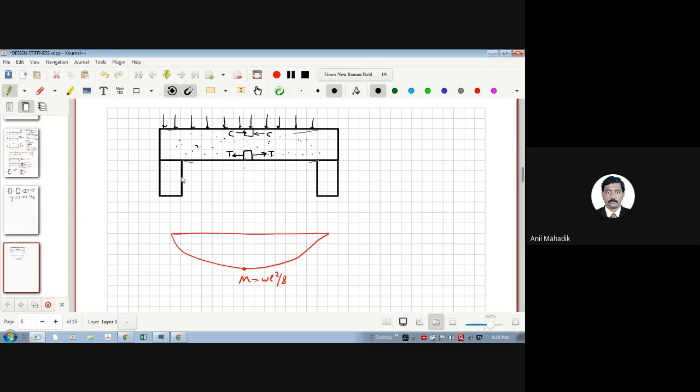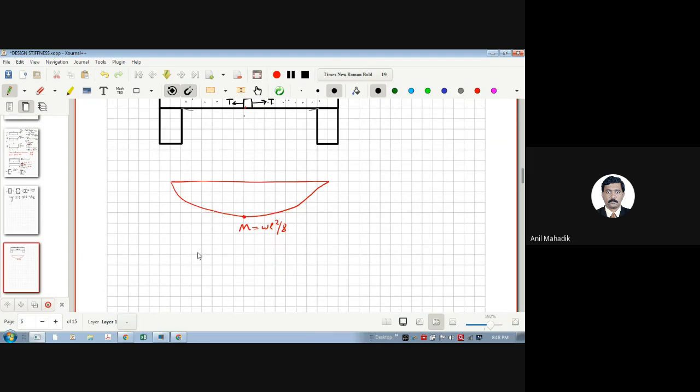So let me show somewhere else actually, that will be easier. So it will bend. And at this point, let's say there will be a crack.